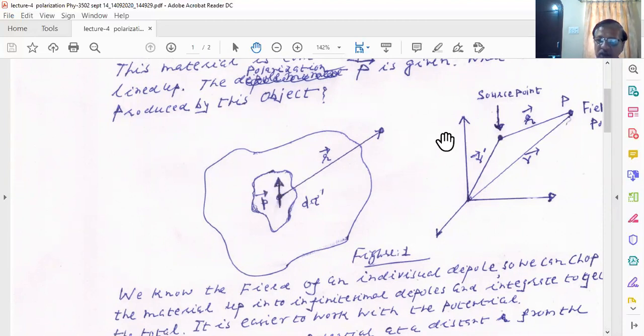You consider the dipole, and I define its position vector with respect to the origin of the coordinate system as vector r prime. So please remember, when I define vector r prime, I am basically indicating the position vector of each dipole of the specimen. So a dipole is kept at the source point.